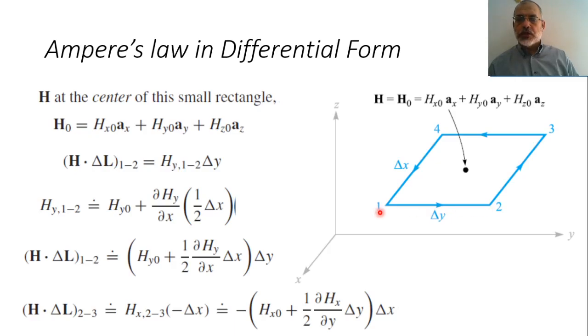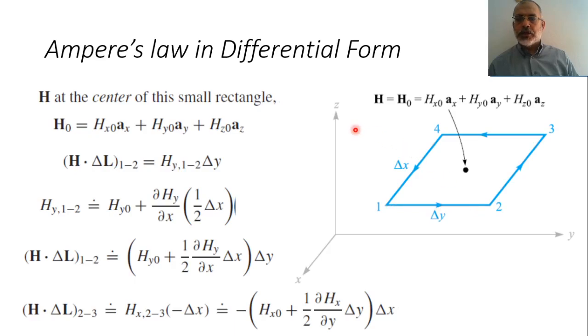The first part is from 1 to 2. Along the path from 1 to 2, the delta L is directed along the y direction.